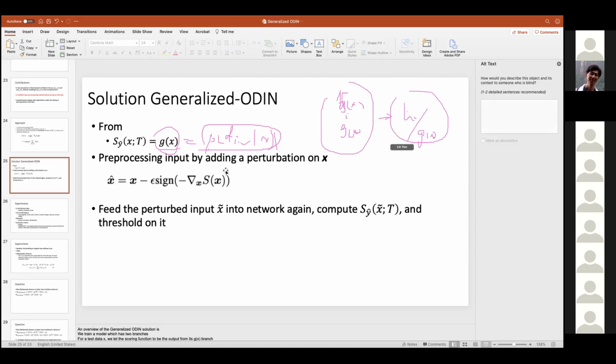Once we have that, the idea of this pre-processing is used for softmax, and here it can be used for any scoring function. SX can be anything. And here the GX is computed by the sigmoid function, if I remember correctly.